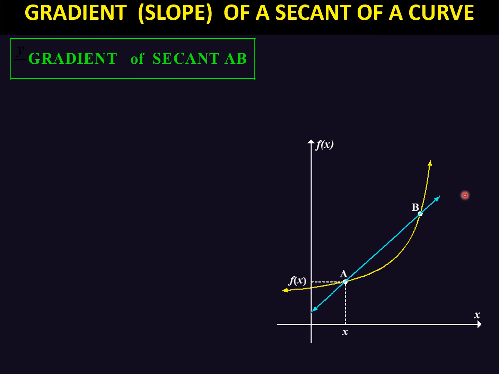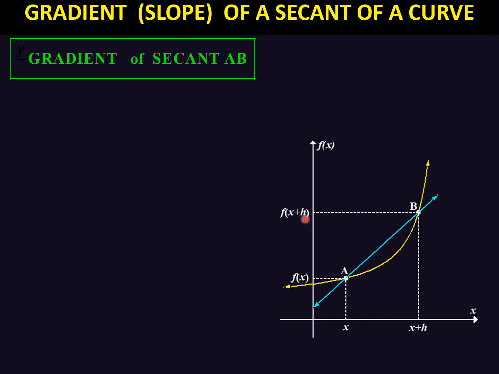Now we have the x coordinate of A, which is x, and the corresponding y coordinate is f(x). Then we have another point, point B. Normally we would say this is x1 and x2, but this is more than x, so we refer to this as x plus h. So x plus h is the x coordinate of B, and we have the corresponding f(x plus h).